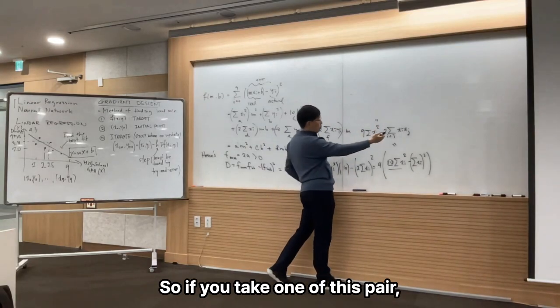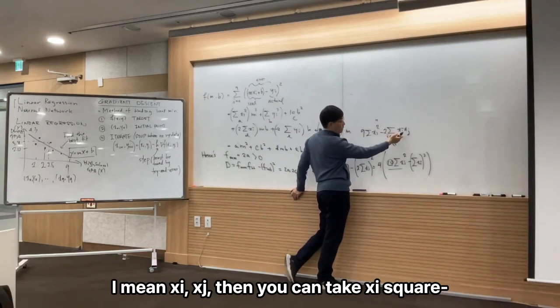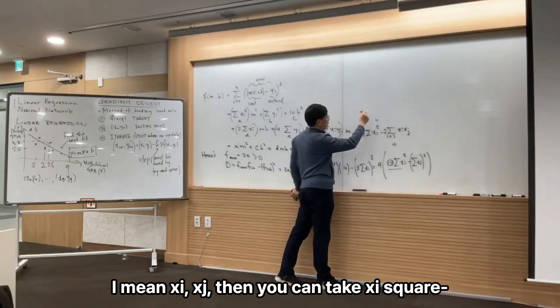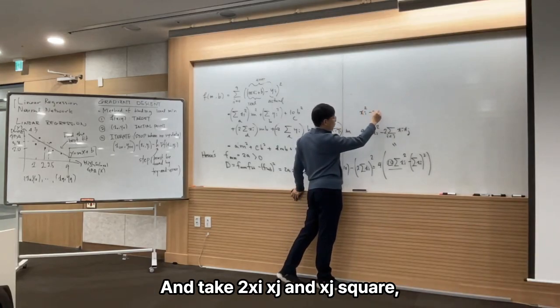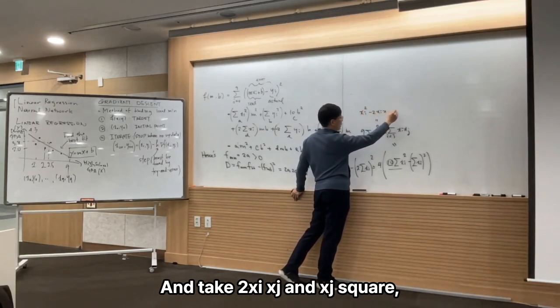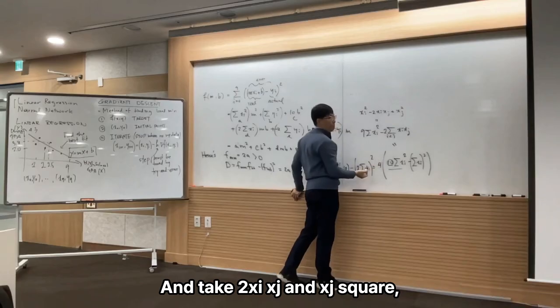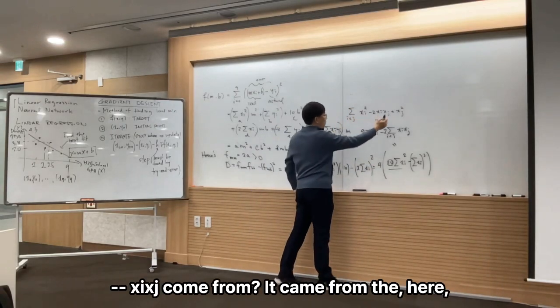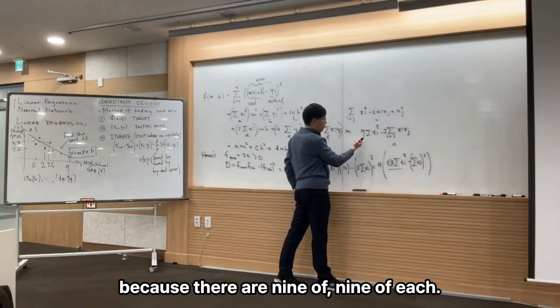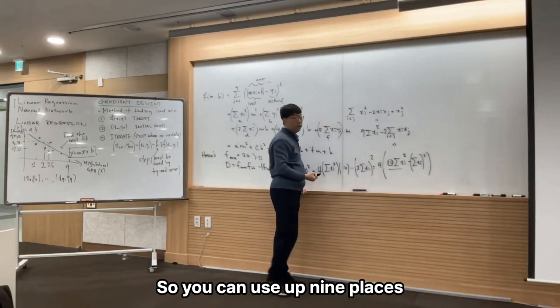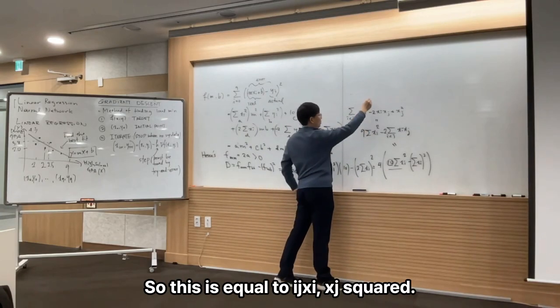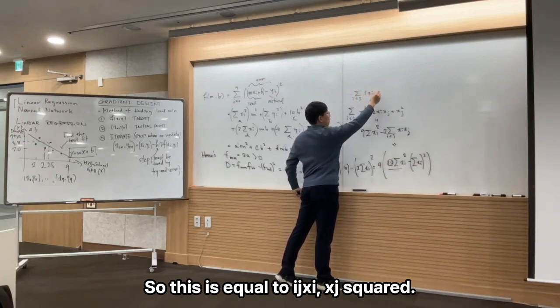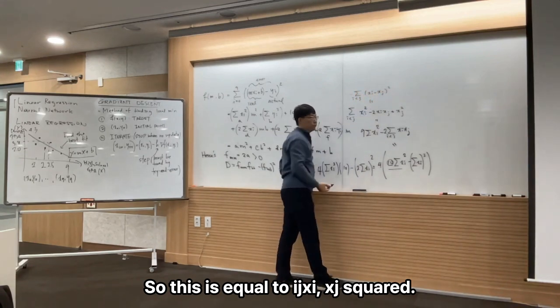So if you take one of these pairs, I mean xi, xj, then you can take xi squared and take 2 xi xj and xj squared, and then you can sum them up. So where do xi, xj come from? It came from here, because there are nine of each. So you can use up 9 places of this kind of sum. So this is equal to the sum over ij of (xi minus xj) squared.